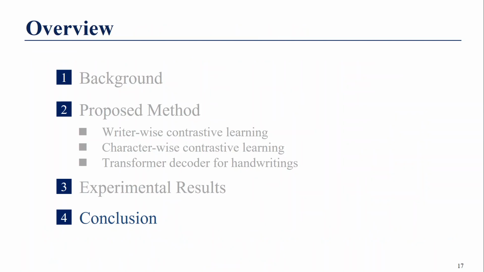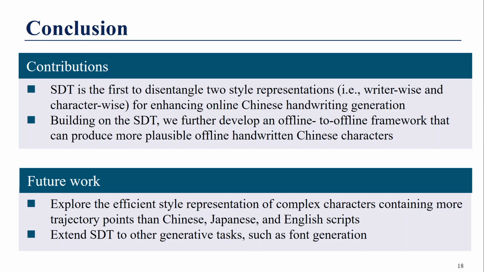Finally, let's make a brief summary of our work. We summarize our contributions in two key aspects. Firstly, SDT is the first to disentangle two-style representations for enhancing online Chinese handwriting generation. Extensive experiments on handwriting datasets in Chinese, English, Japanese, and Indic scripts demonstrate its effectiveness and superiority.